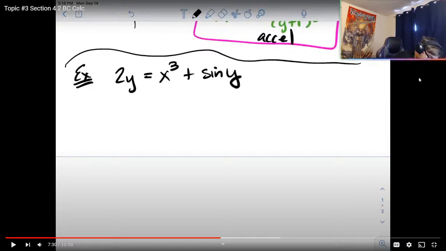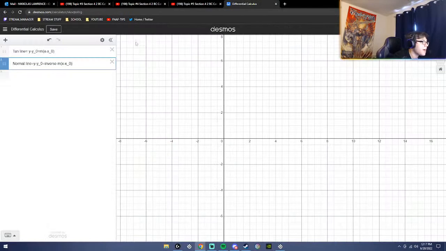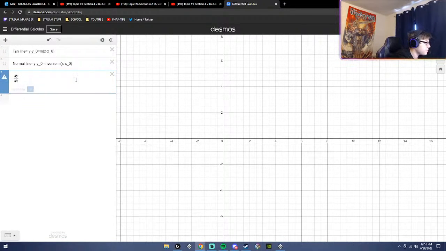Divide that, so then we get dy over dx is equal to 3x squared over 2 minus cosine of y. That's what I have for the first derivative.